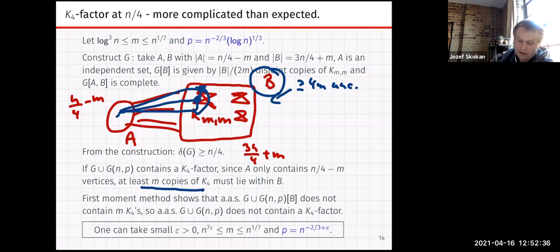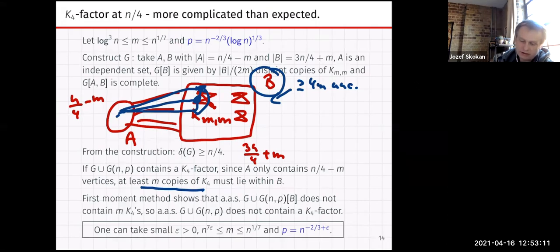But what turns out even worse is, I work with this probability, but it turns out that you can choose a small epsilon, like 1/100. You actually take p to be n to the minus 2/3 with some epsilon, and you take some suitably chosen m to cover this B by K_{m,m}, and the same argument works again.